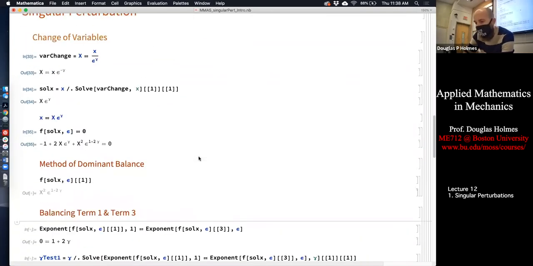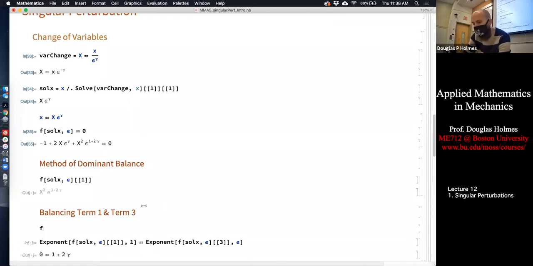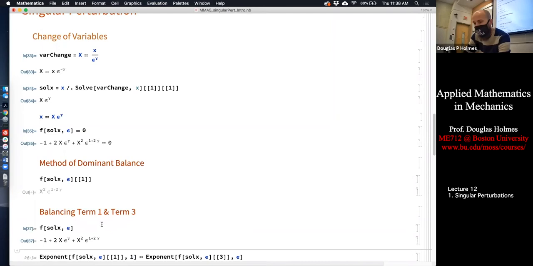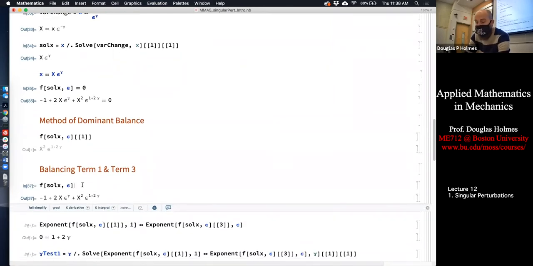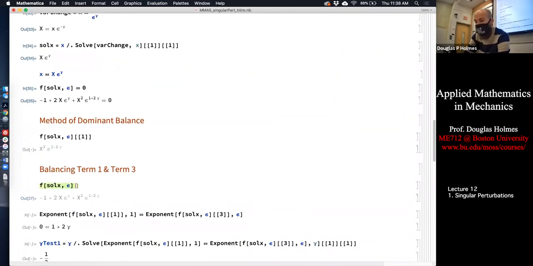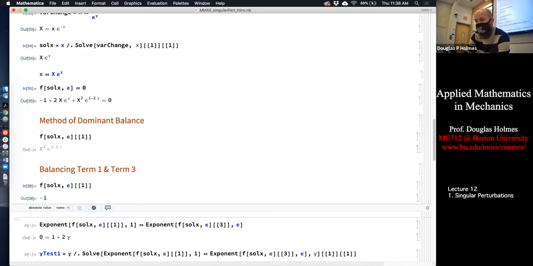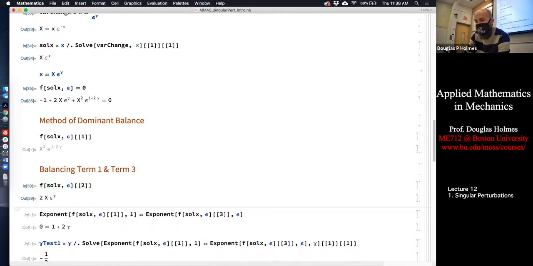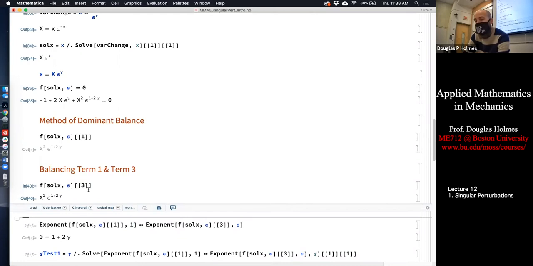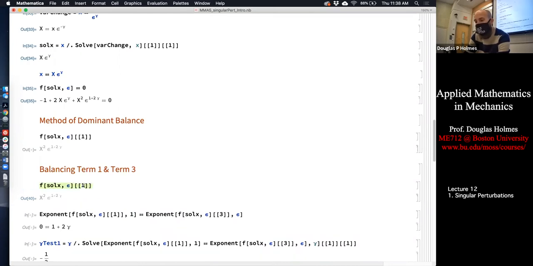Okay, so let's do this line by line here. So let me copy this here. So this is my equation. The first term, it's just like a list like anything else. You can just say, give me the first term. And you just put the square brackets with the 1 and it gives you the first term. You can say, give me the second term, or give me the third term. Great. But we actually don't want the whole term. What we want is the exponent of the term.